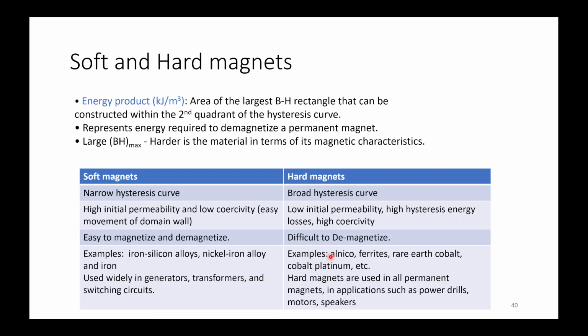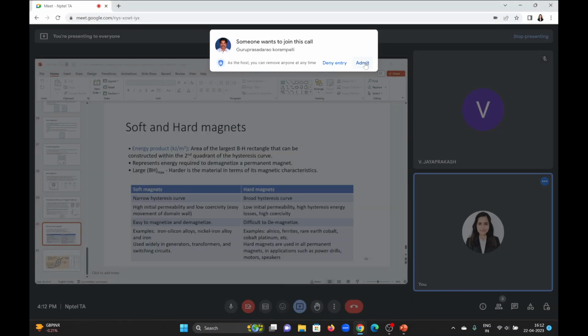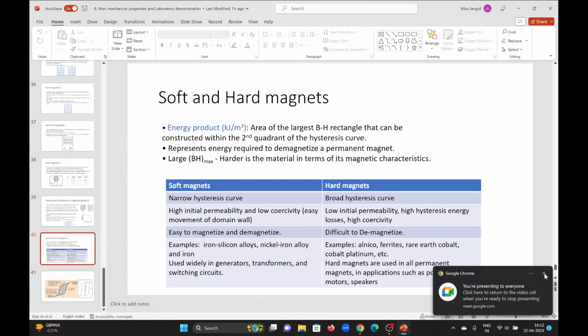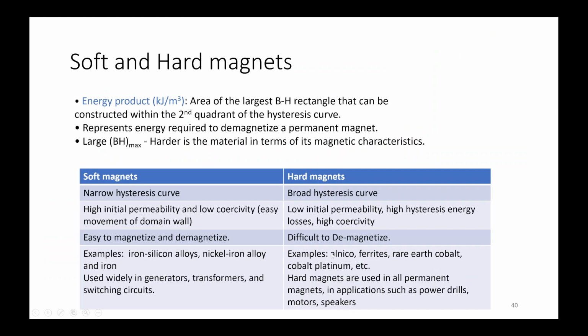For hard magnets, Alnico, which is an alloy of aluminium, nickel, cobalt and iron, and ferrites, rare earth cobalt, ceramics, rare earth, cobalt platinum.